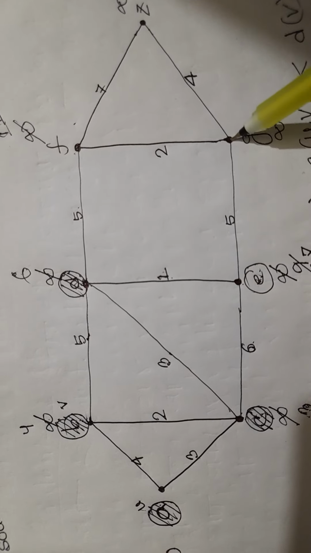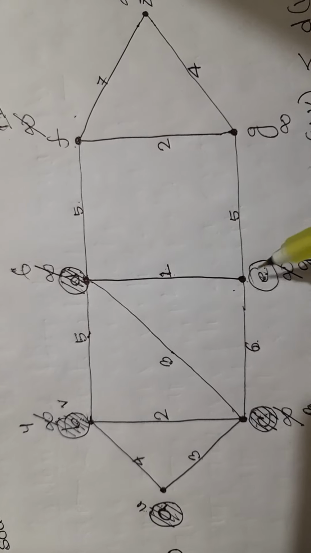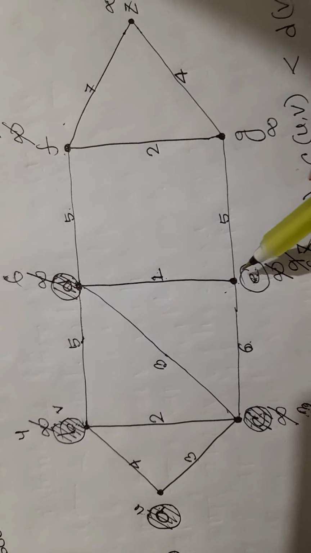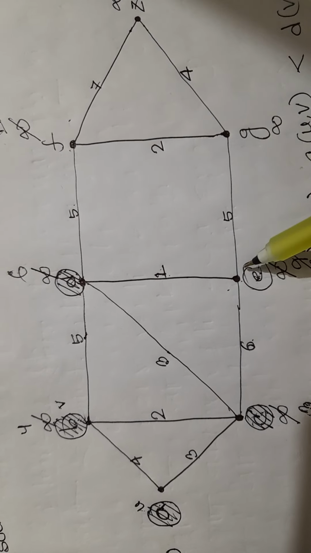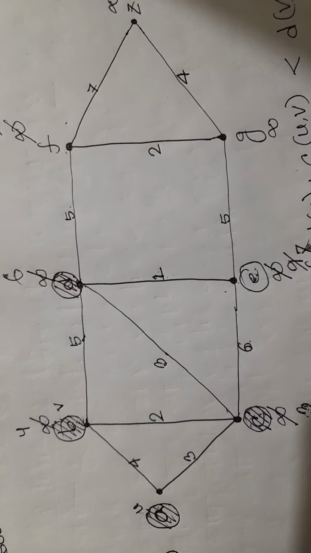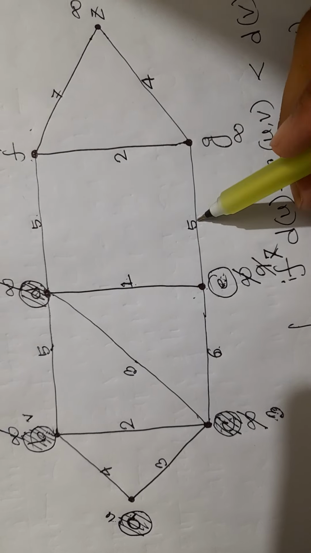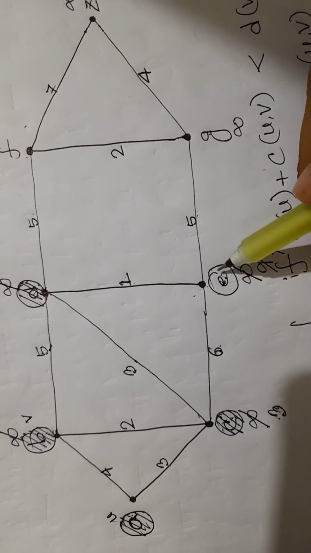From E we can visit only G and C and D, but we can't visit C and D because they are already selected. Now we can visit E to G. The distance of E equals 7. The cost of E to G equals 5.